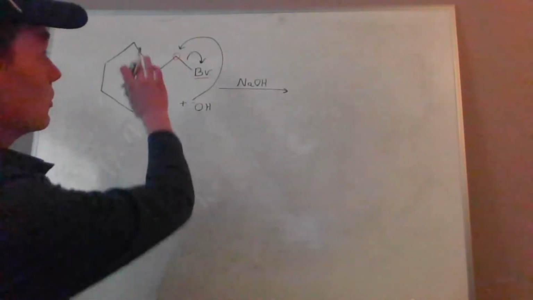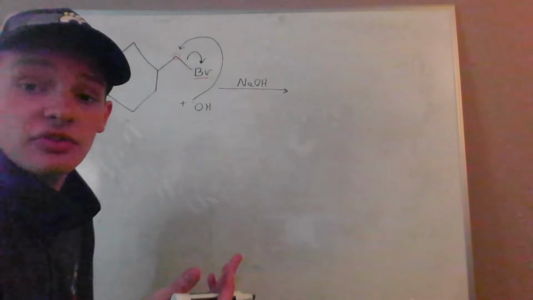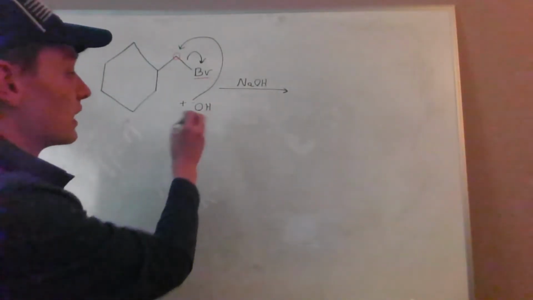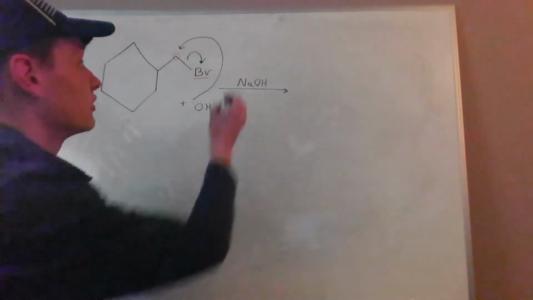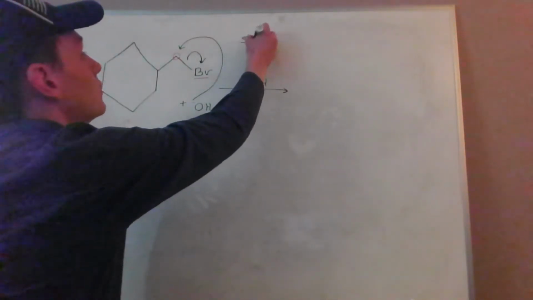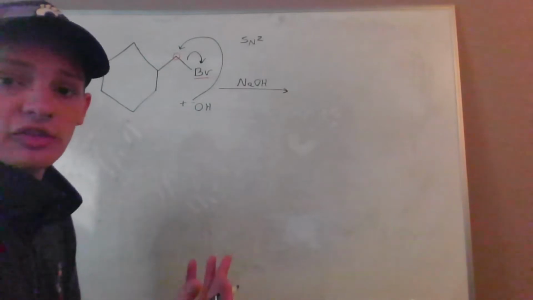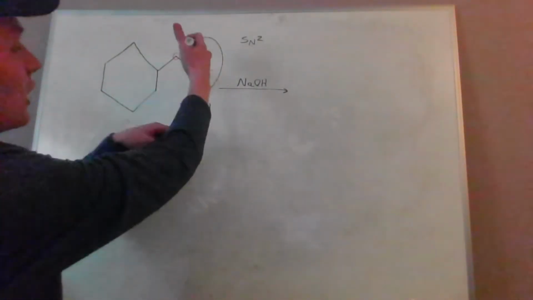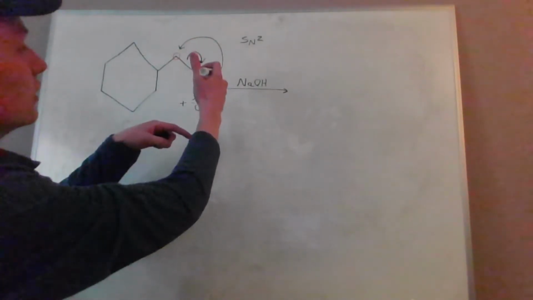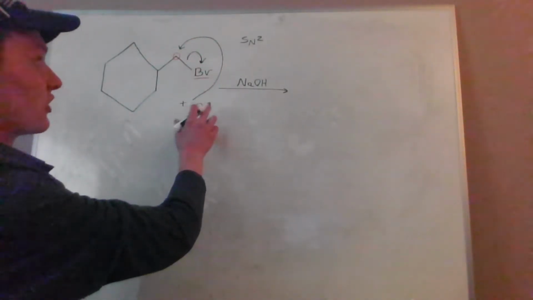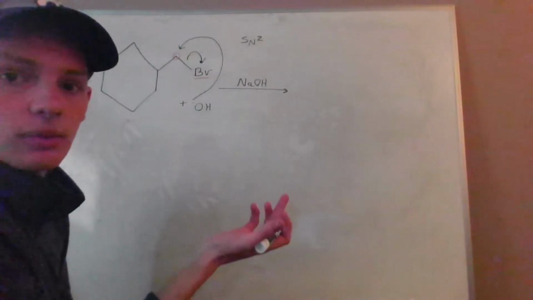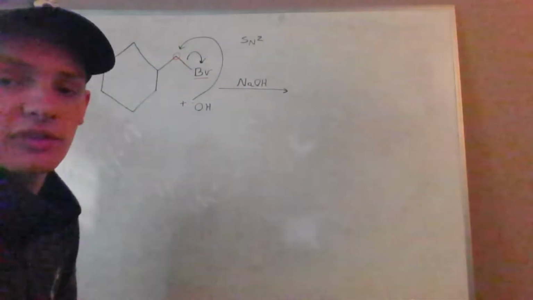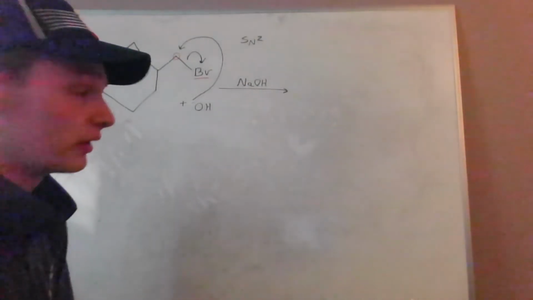Now, you might be worried about inversion, and that's a good thing to consider, obviously, because we know that when we have an SN2 reaction like this, so this is SN2, that inversion does occur. And all that really means is that although this process happens simultaneously, this OH is going to add opposite to the leaving group. Okay, so your nucleophilic attack is going to come from the opposite side of the leaving group.